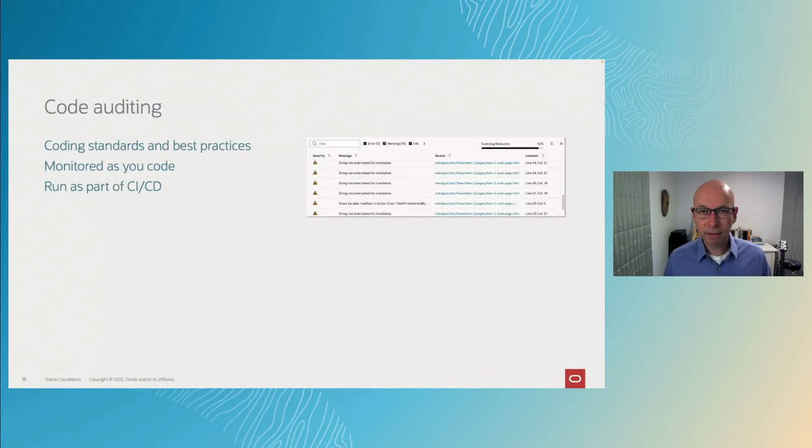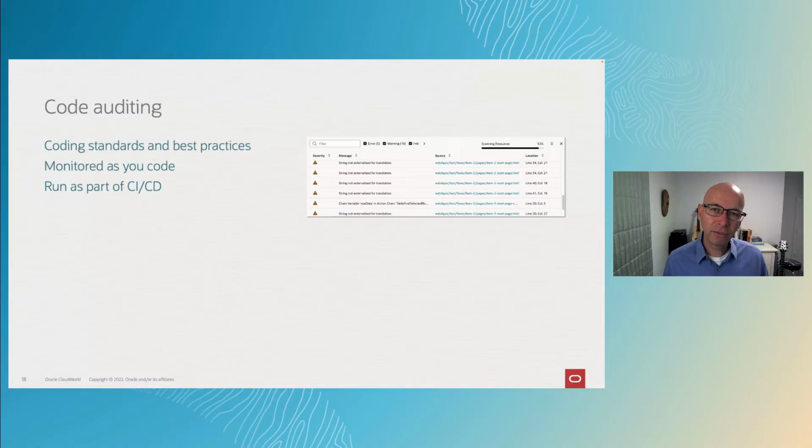Another thing that we like to do is make sure that the code quality that we are creating is good. And to that extent, we have an audit framework that reviews the code that is generated by Visual Builder by our developers and makes sure that they didn't make any mistakes. For example, that all the strings are externalized so it's easy for us to translate the application into different languages, that there are no variables that have been defined and are just sitting there without being used.